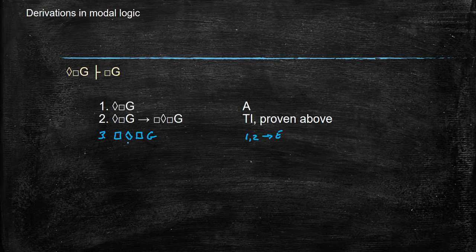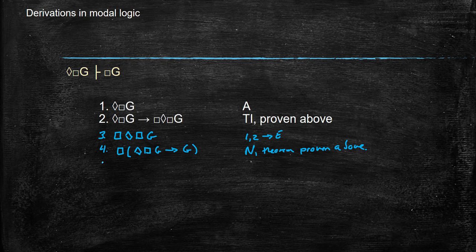And remember that we also proved that if it's possible that it's necessary that G, then G. So if we were to assert that by N, we would get it's necessarily the case that if possible necessary G, then G. And that would be by the N rule. Again, theorem proven above.